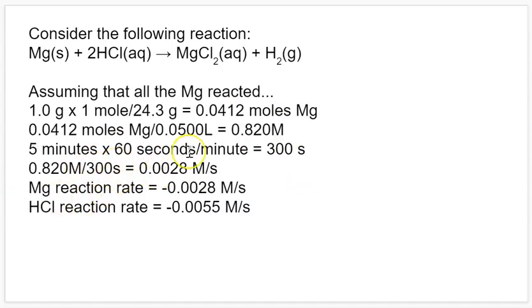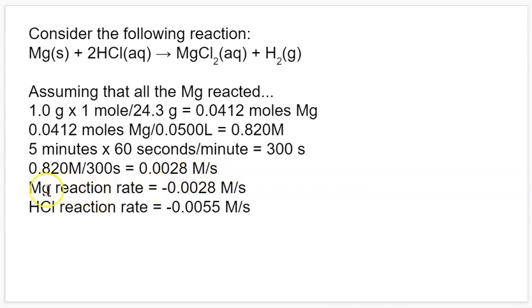I convert this to seconds by multiplying it by 60. So that's 300 seconds. And then I can divide the concentration change, which is going to be all of it, since we're referencing the end of the reaction as being when all the magnesium has dissolved and the hydrogen gas has stopped forming. So I divide the total concentration change by the time in seconds, and I end up with a reaction rate of 0.0028 molar per second.